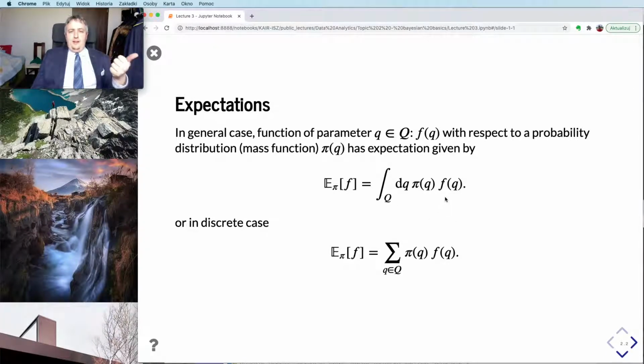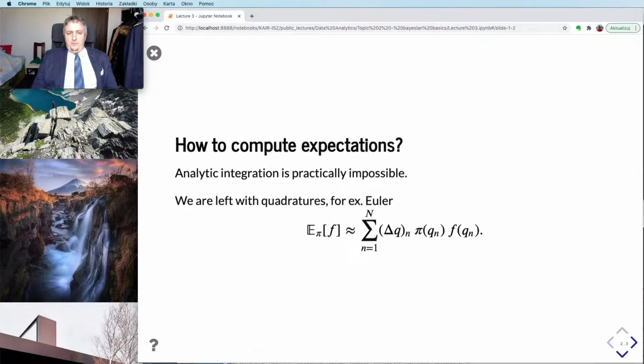So the expected value of f is an integral of f times the probability distribution of q, dq, over the entire domain of q. And in the discrete case, we are just summing over all possible q values the probability mass function multiplied by the value of the function of interest at q. So, some formulas, not especially difficult ones.